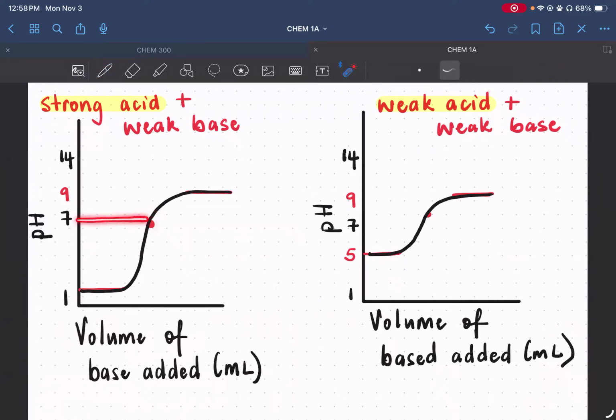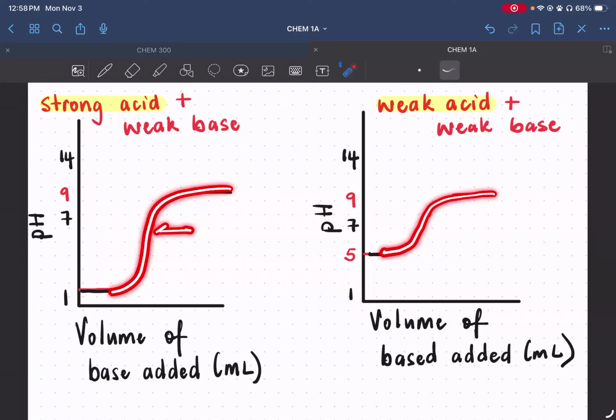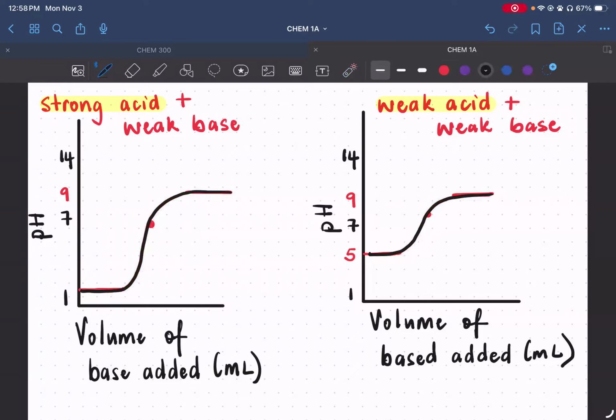We haven't cared too much about if it's perfectly 7 or 7.1, maybe 6 point whatever. The reason, of course, is once you draw the graph, that downward slope right here, that's where that color change happens. In fact, this region is what's known as the equivalence point.